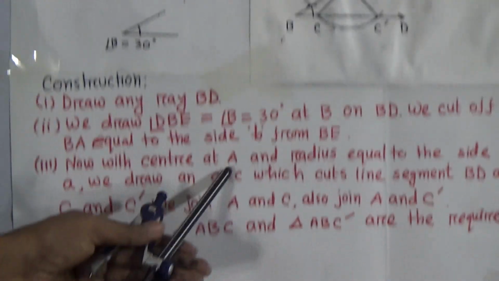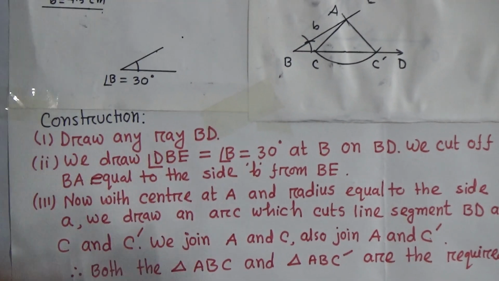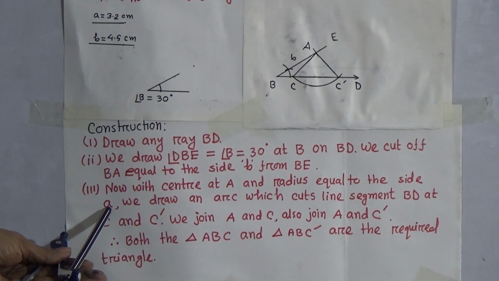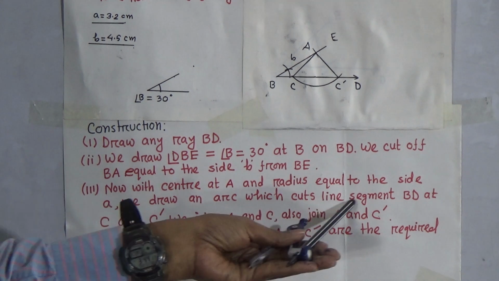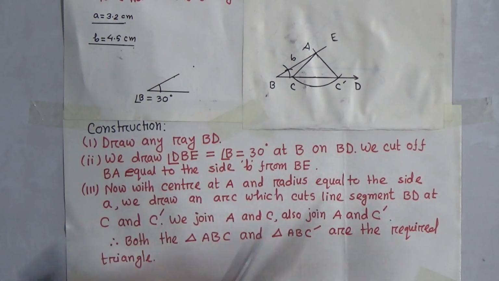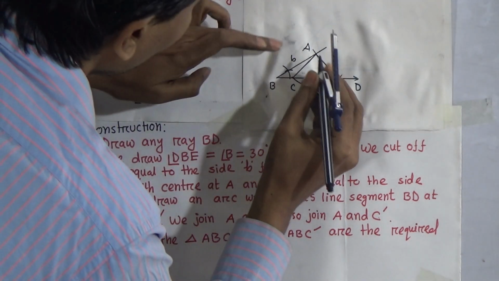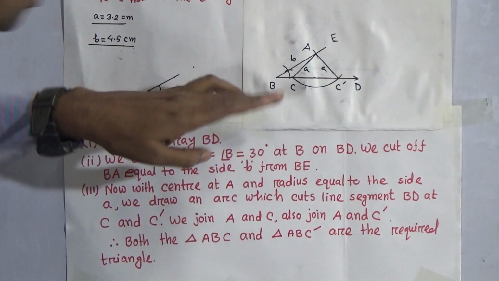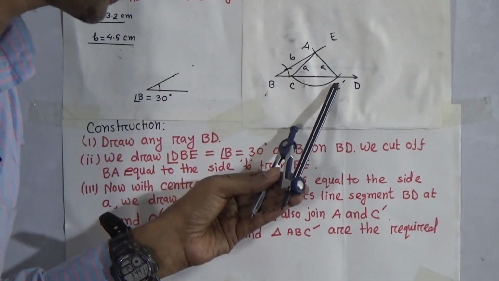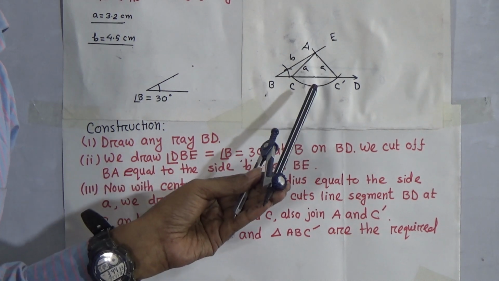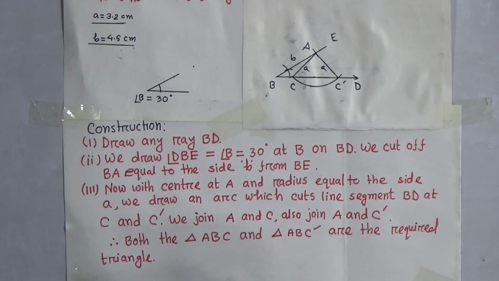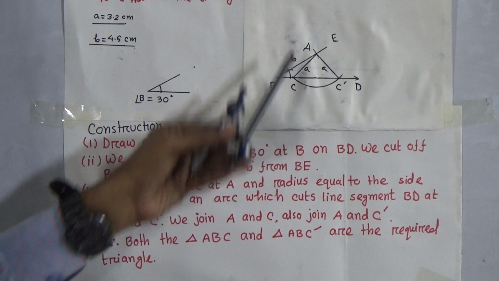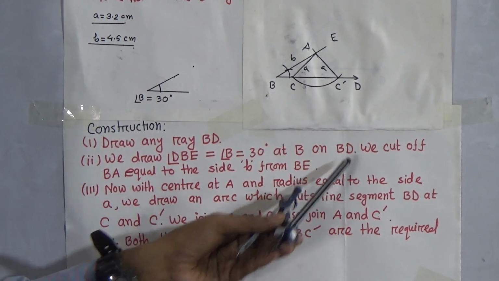Now with center at A, that means taking A as the center and the radius equal to the side A, we draw an arc which cuts the line segment BD at C and C prime. That means you see this is A and this is also A. AC and AC prime both are equal to A. Okay, now join AC and AC prime, then we got ABC and ABC prime is the required triangle.